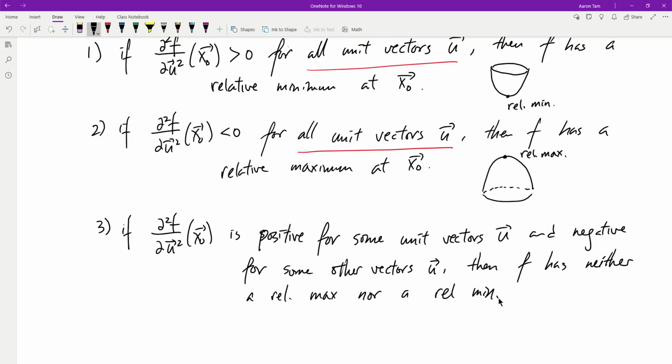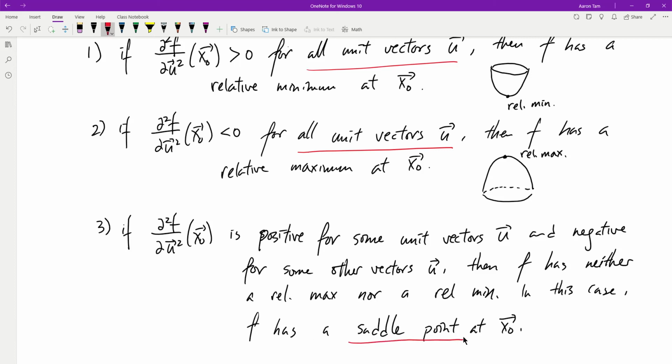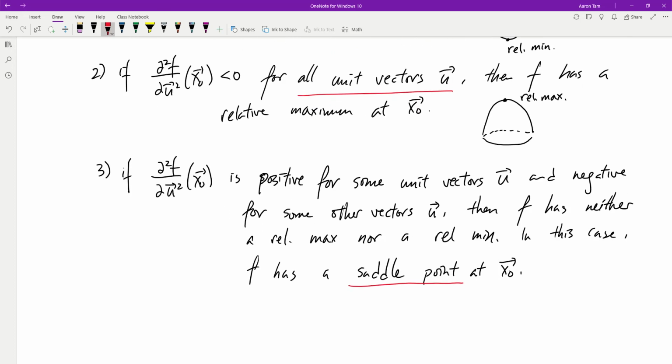And in this case, instead of having an inflection point like in the single variable case, f has a saddle point at x of 0. So the saddle point is basically like the inflection point in single variable calculus, where you have a concavity change.